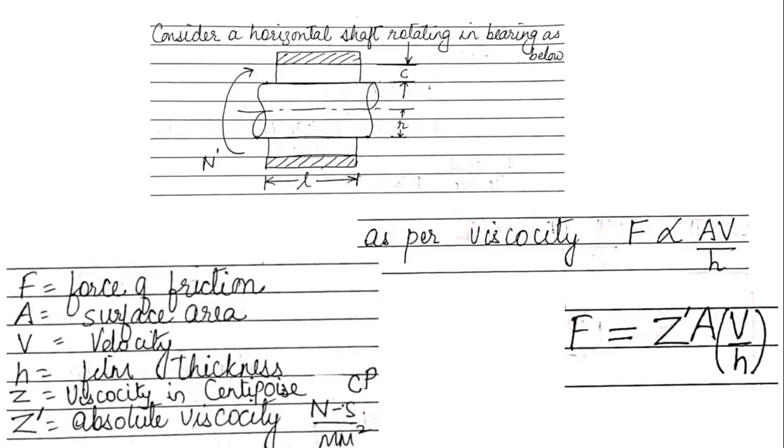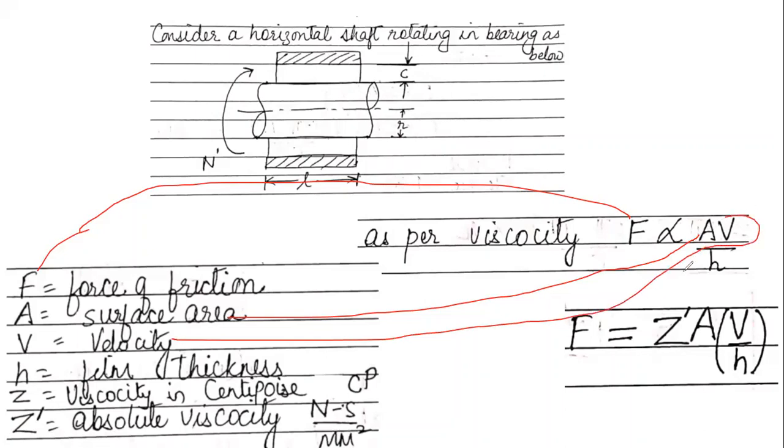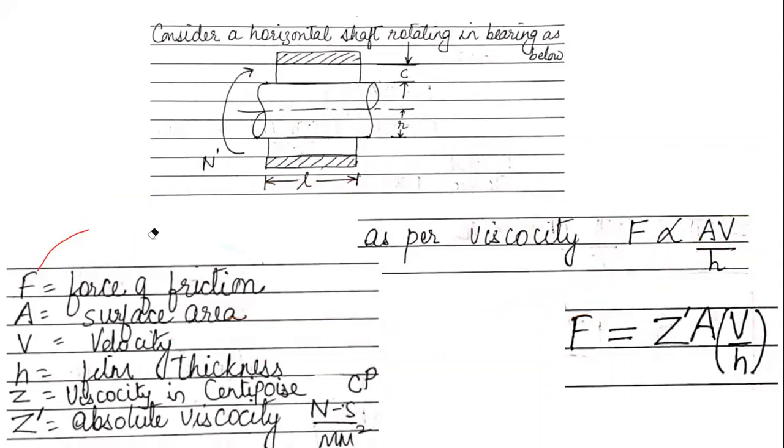That is, F is directly proportional to A into V divided by H, where F is the force of friction, A is the surface area, V is the velocity, and H is the film thickness. So this is as per the equation of viscosity.